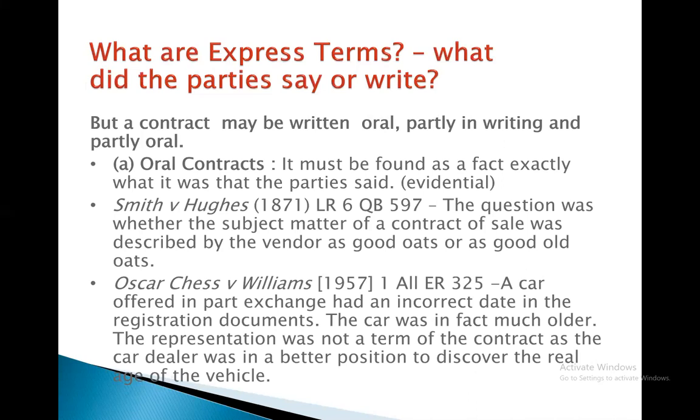When we talk about express terms, we are referring to those terms which the parties have negotiated and agreed upon. So those are express terms. The parties have consciously considered them and they have accepted that they should form part of the contract, hence express.